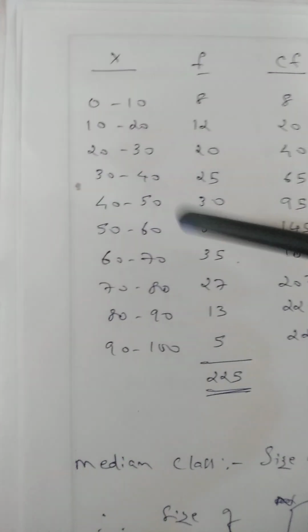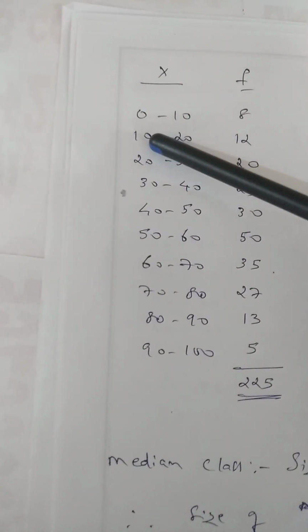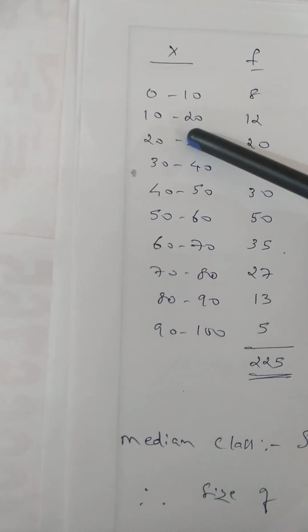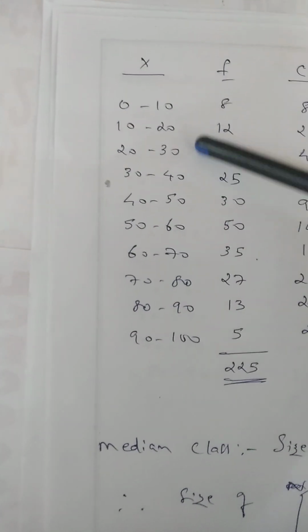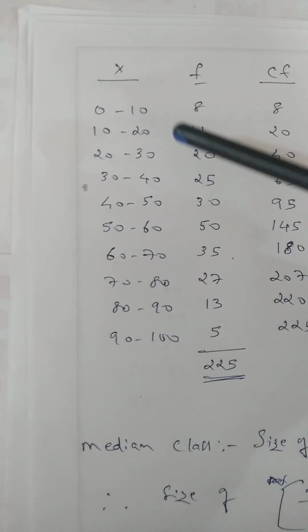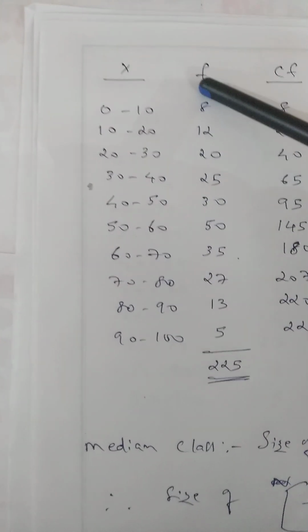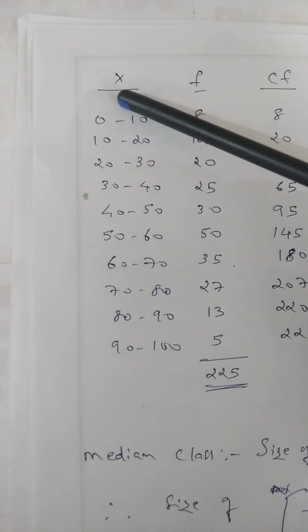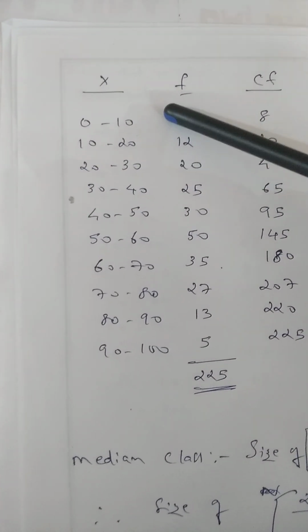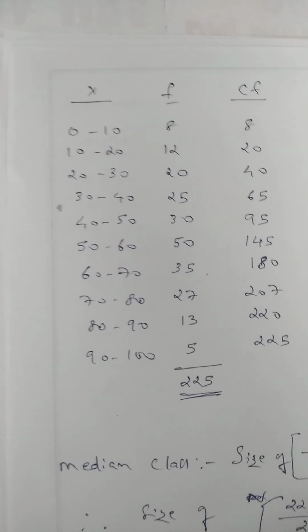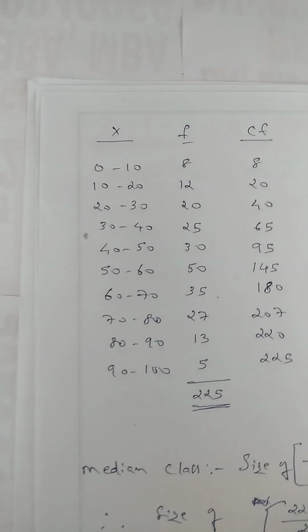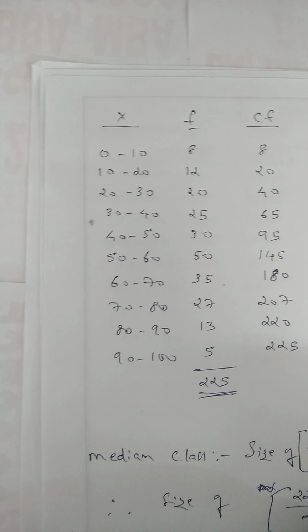X variables are here: 0 to 10, 10 to 20, 20 to 30 and so on. And the given frequency also here. Frequency is denoted by the letter F. Okay. So now we apply the first step to find out the median.